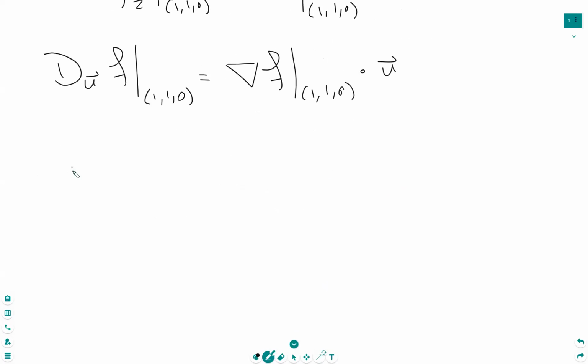Our gradient at this point is fx at that point, which we found to be 2, fy at that point, which was -2, and then fz at that point, which was -1.